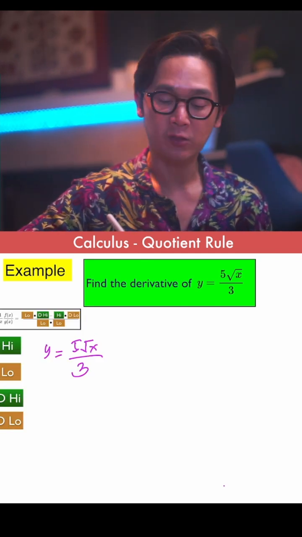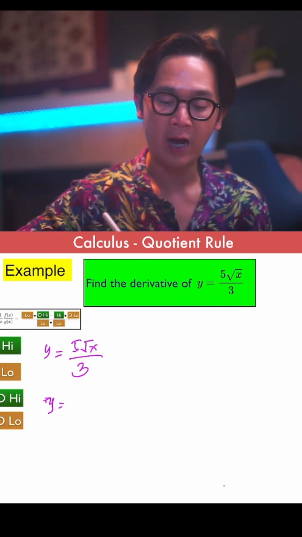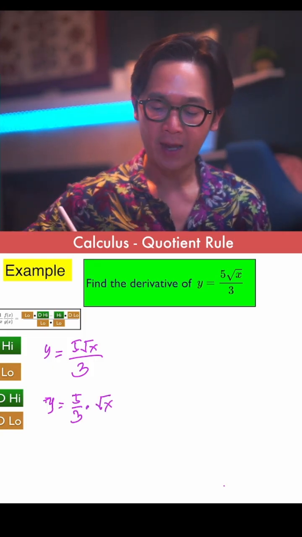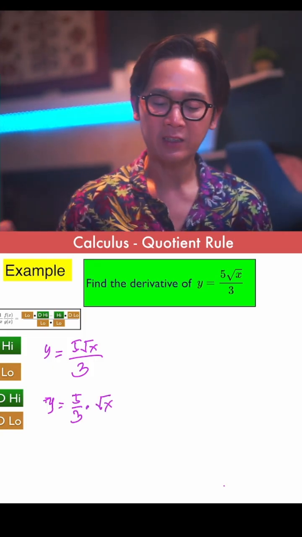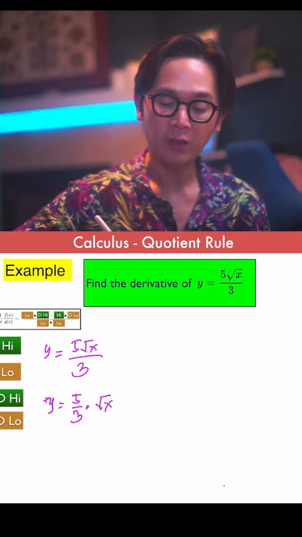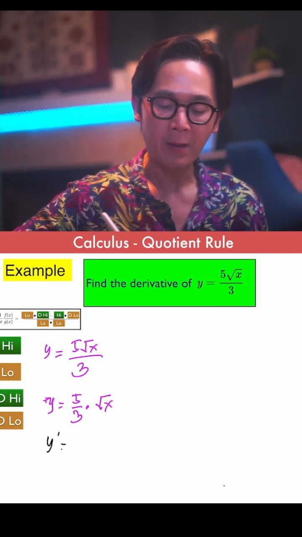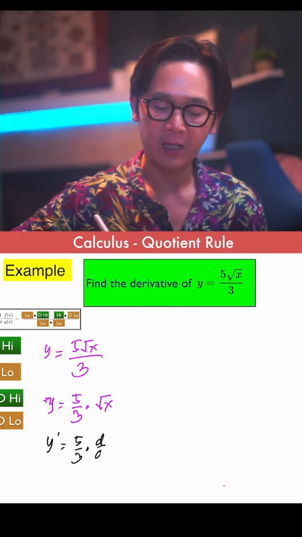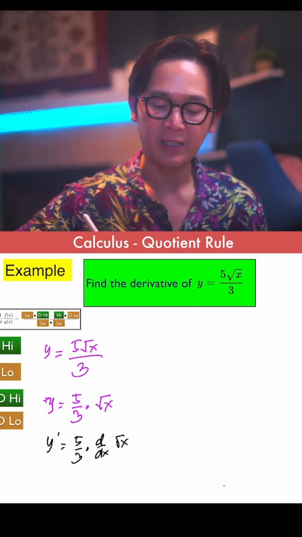And by modifying this function, we can change y into 5 over 3 times the square root of x. And from here, we can differentiate square root of x, making our y prime equal to 5 over 3 times the derivative of square root of x in terms of x.